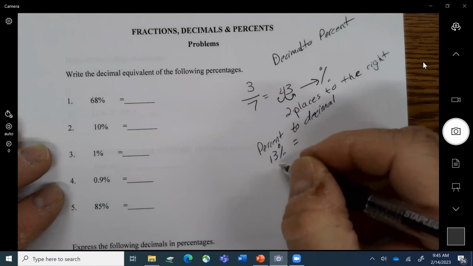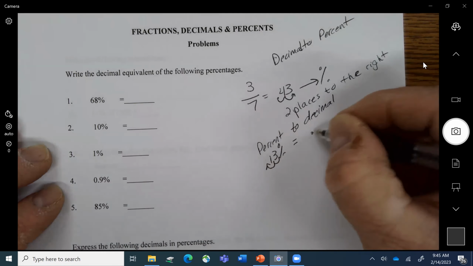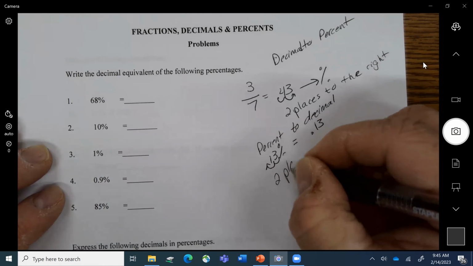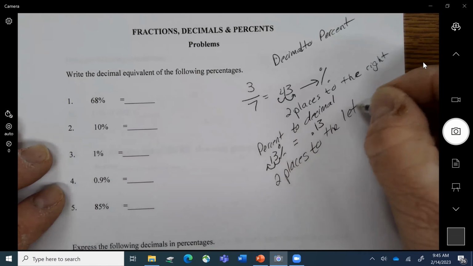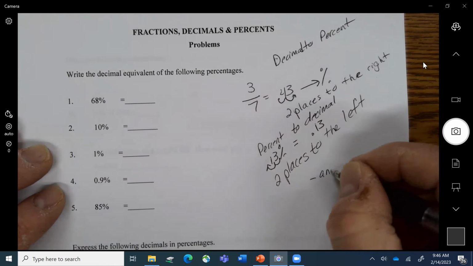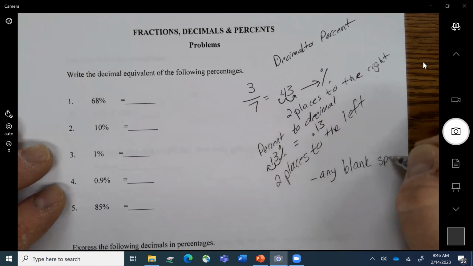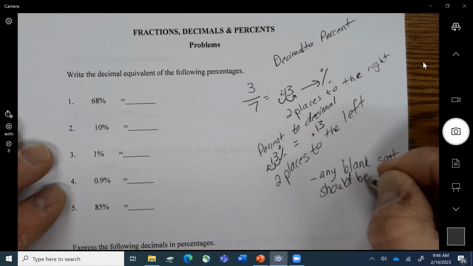Well, there is no decimal here, but it is right here. You go 1, 2. This becomes 0.13. So it's 2 places to the left. Any blank spot when moving should be filled with a 0.